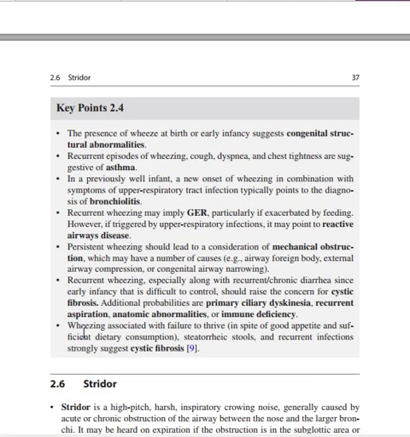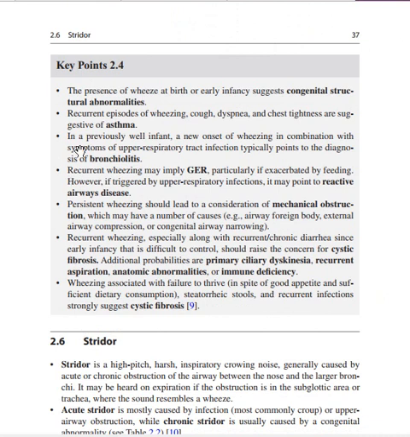So from there, we now continue to the nota bene points of wheezes. The presence of a wheeze at birth or early infancy, you should think of a congenital structural abnormality. If you have a wheeze in a child at birth or early infancy, you think of a congenital abnormality.